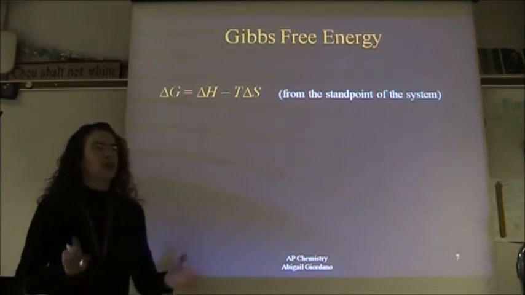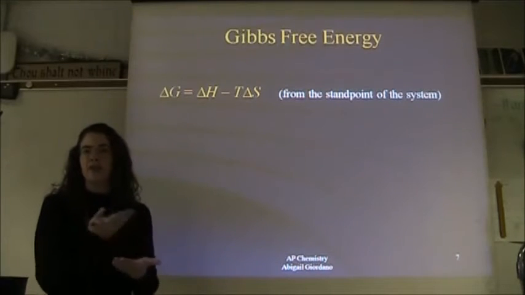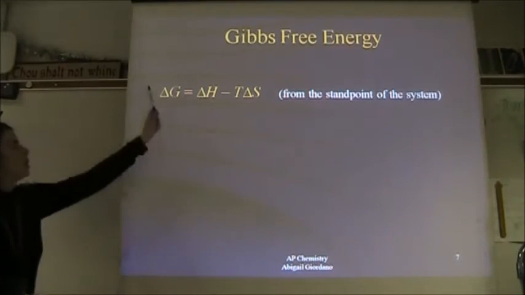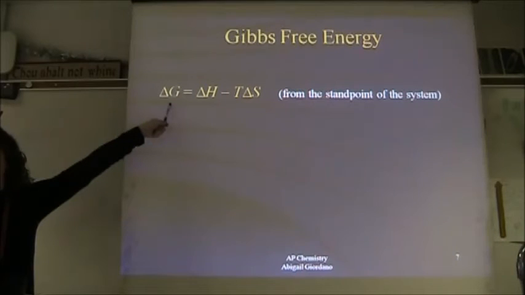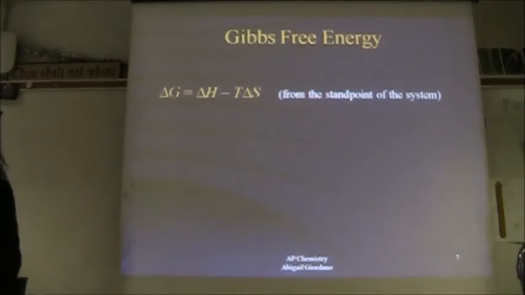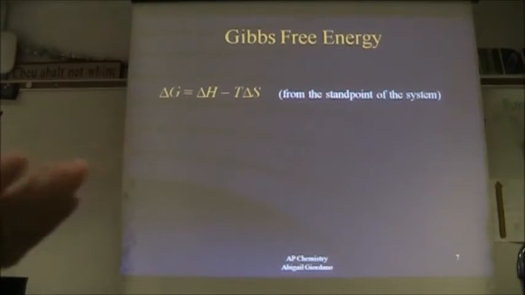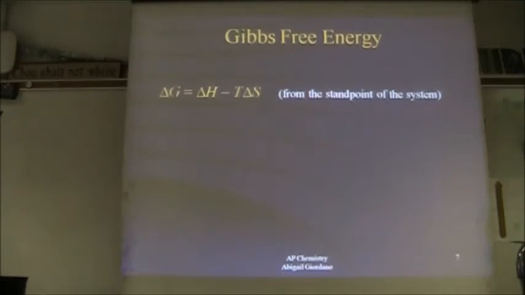Okay, so here's the point. How do you answer for sure, for certain, is this reaction favored or not? You calculate a number for delta G. Let me say that to you another way. The only reason you would ever need to calculate a number for delta G is to answer the question, is this favored, yes or no? No gray area, just is it or isn't it?